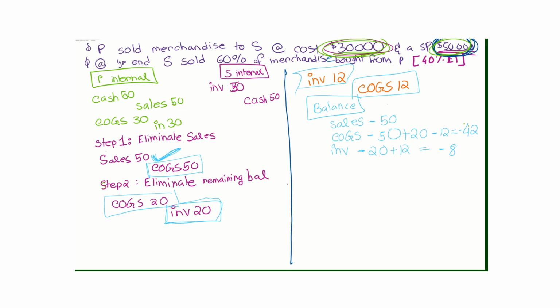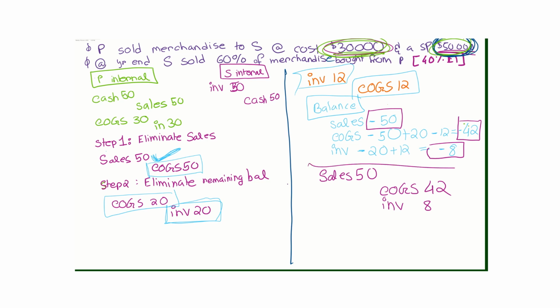So our total balances are sales negative 50, cost of goods sold negative 42, and inventory negative 8. So when sales is negative, we debit sales for 50. When cost of goods sold is negative, we credit cost of goods sold for 42. And when inventory is negative, we credit inventory for 8.